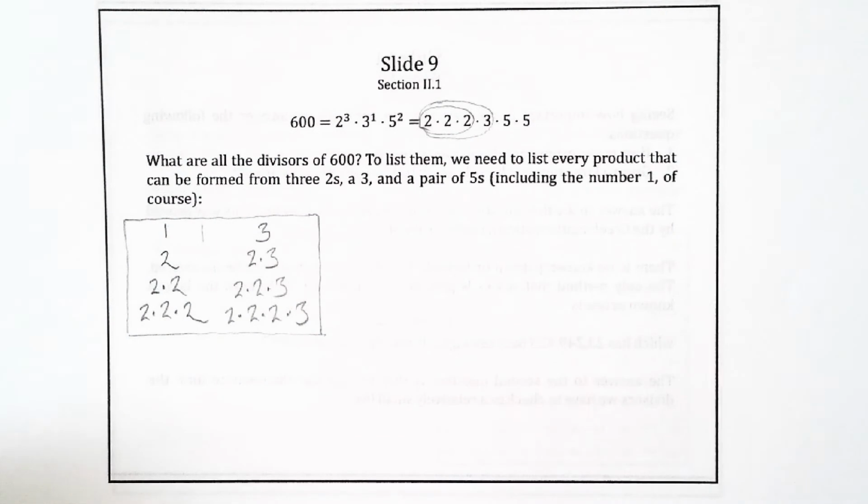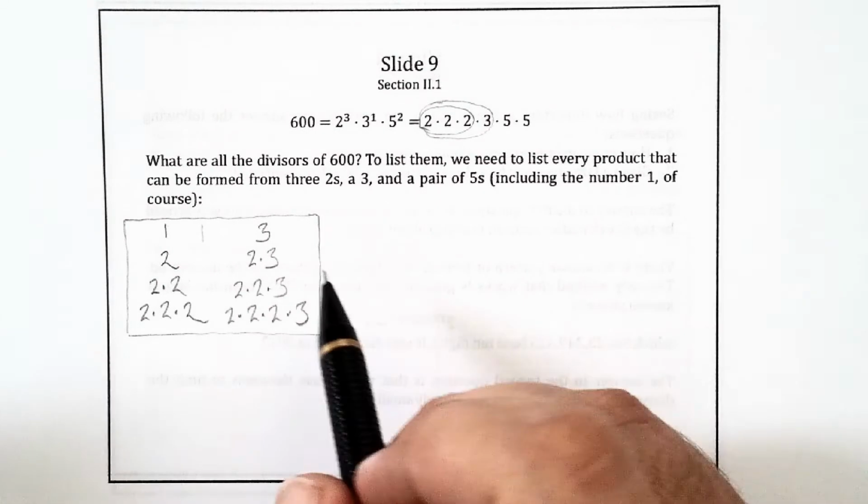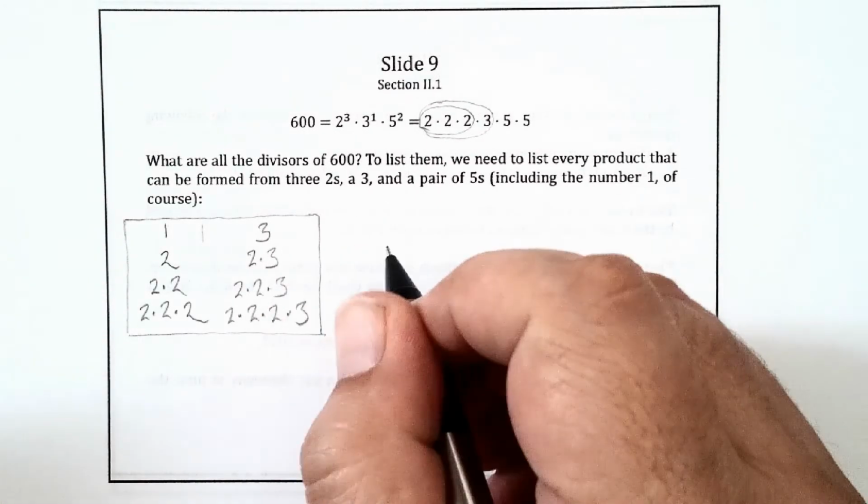Now suppose I use the 2's, the 3, and a single 5, exactly one 5. Well, to list all those, I could multiply all these by 5.